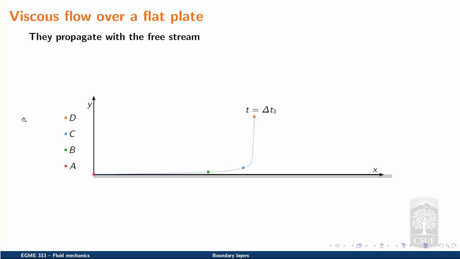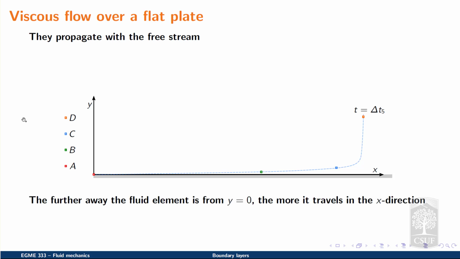So at different instances in time, these fluid elements will propagate downstream with the free stream. However, due to their vertical position, the further away a fluid element is from y equals 0, the more it travels in the x direction.